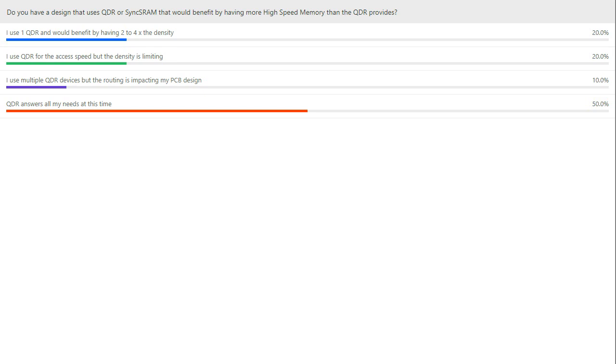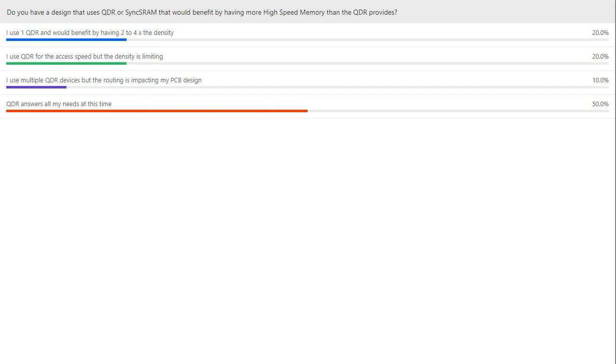Certainly if you're a software guy, there's never enough memory for what you want to try and do. But it's fascinating to see that QDR answers all the questions. We have quite often found that since there's no roadmap for QDR, they're always looking for what is my next thing, and as systems get faster, you're always looking for a little bit more data. But this is, again, very interesting.